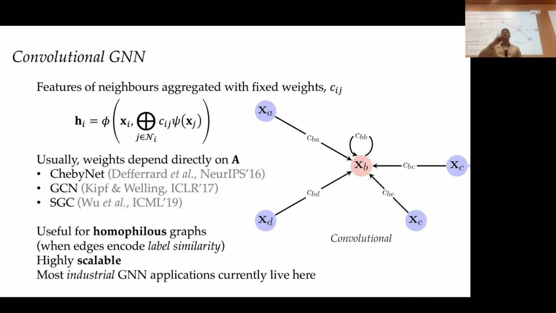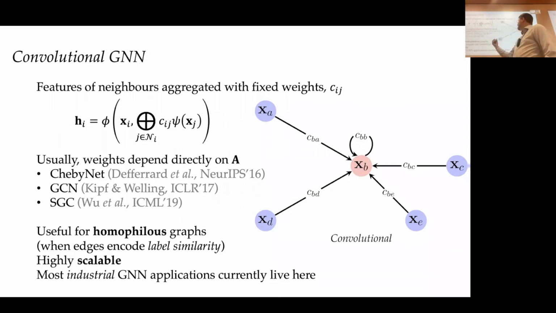So before any learning happens, you analyze the graph structure somehow, and you decide this is how much neighbor j should be valuable for neighbor i, okay? And this is pre-computed, usually in a way that depends directly on the adjacency matrix. What this means usually is that all these convolutional GNNs reduce to some kind of glorified averaging, more or less spectrally motivated, but it usually boils down to some kind of averaging.